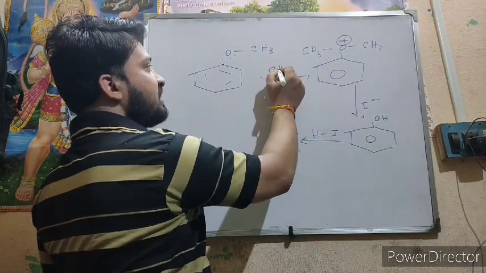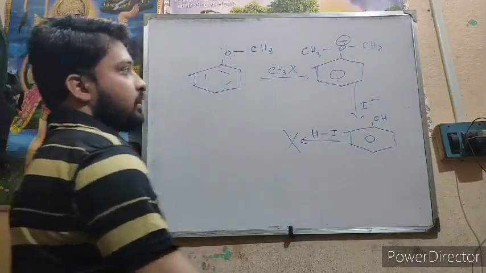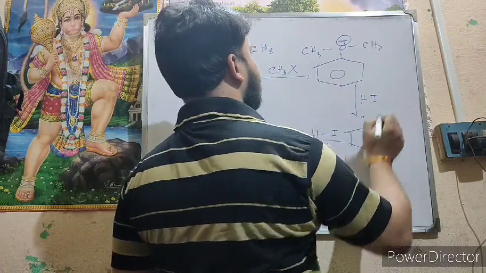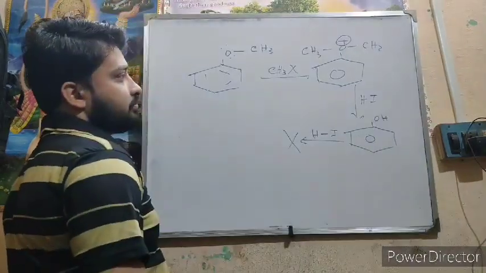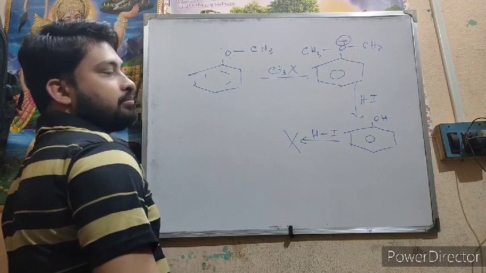You use here CH3X, so that's why you get CH3, and from here you used HI, that is H plus and I minus, then you get HX.